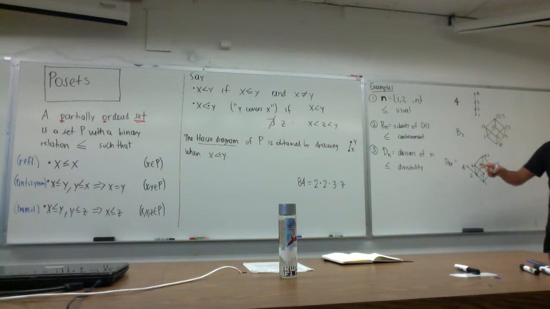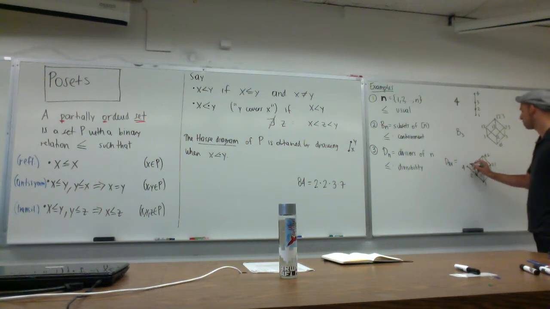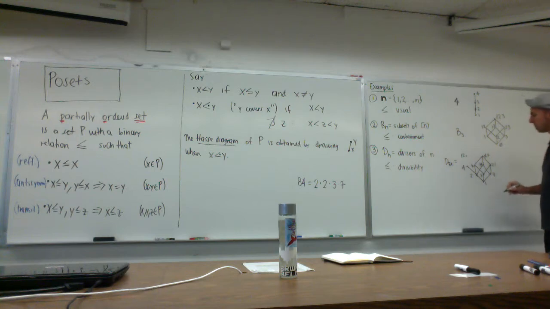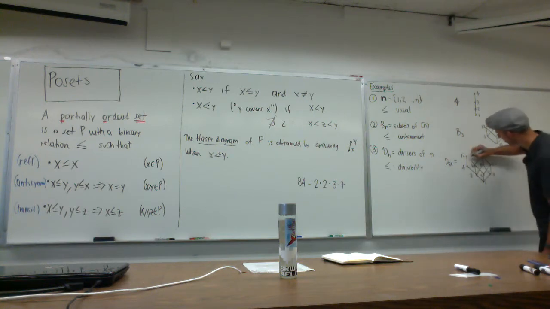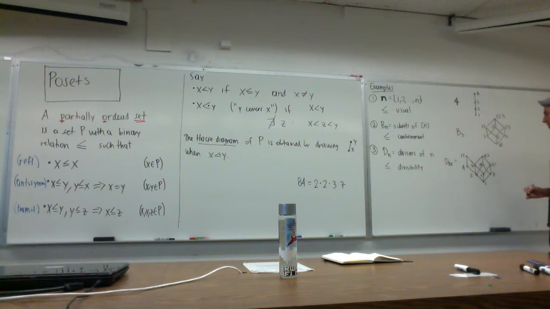Well, for example, 2 times 2 times 3, right? Which is 12. So where does 12 go? Let's say we put it over here. And who is it bigger than? It's bigger than 4. It's a multiple of 4. And it's a multiple of 6. Right? But it's not a multiple of the other ones.